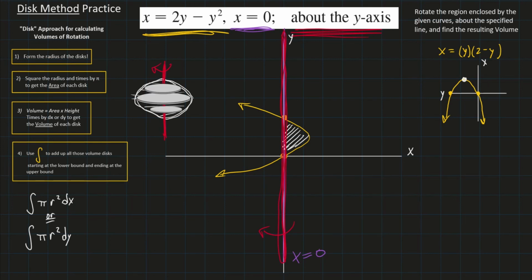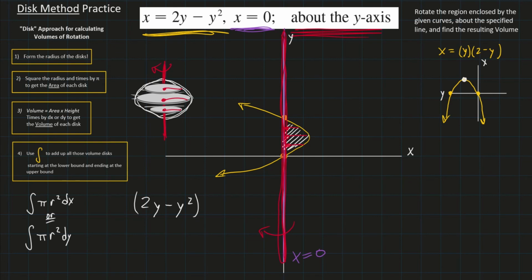Alright, so now for the disc approach. Here are the radii of each one of my discs. And on my main graph, here are those radii. These radii look like x's. X coordinates, x lengths. So let me take a look at this equation and just make sure and see if that's what we need. So 2y minus y squared.